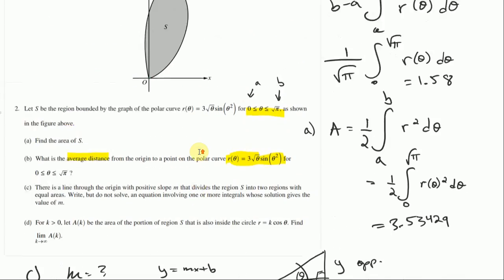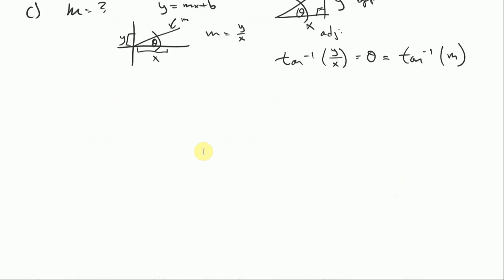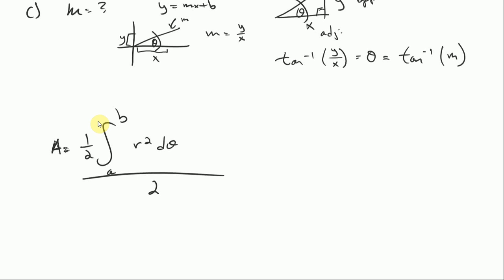Okay, well, let's think. How do we get the area? Well, we already did get the area, right? It was 1/2 integral from a to b of r squared d theta. So let's just do that again. A equals 1/2 integral from a to b of r squared d theta. Well, if we're looking to divide it in half, then wouldn't it be a good idea to maybe just divide this thing in half? I think it would.